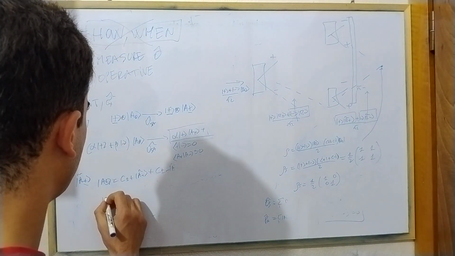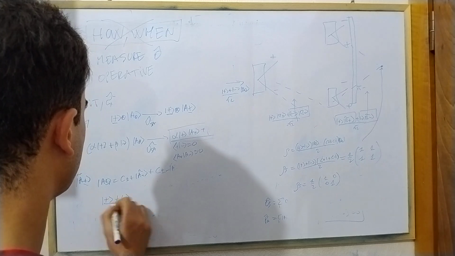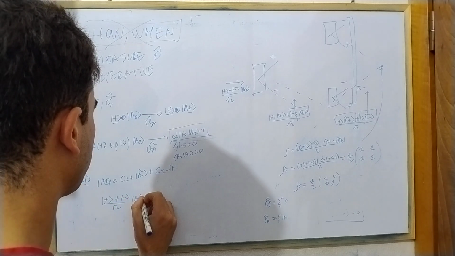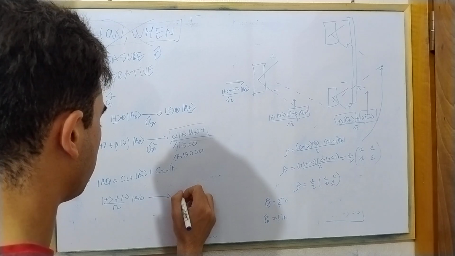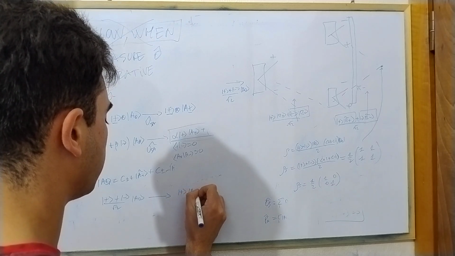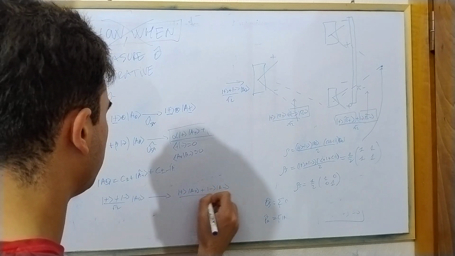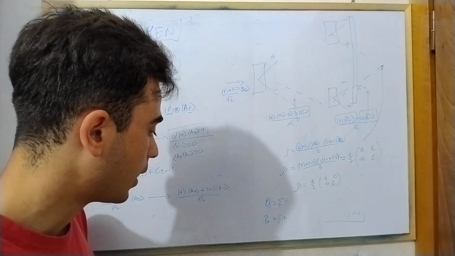So we have that the state plus minus over square root of 2 times an initial state of the apparatus becomes plus a plus minus a minus over square root of 2.